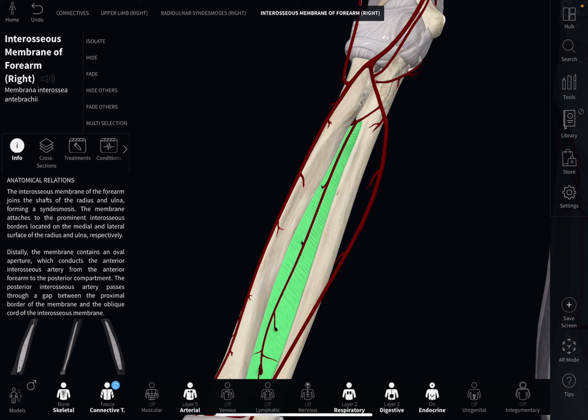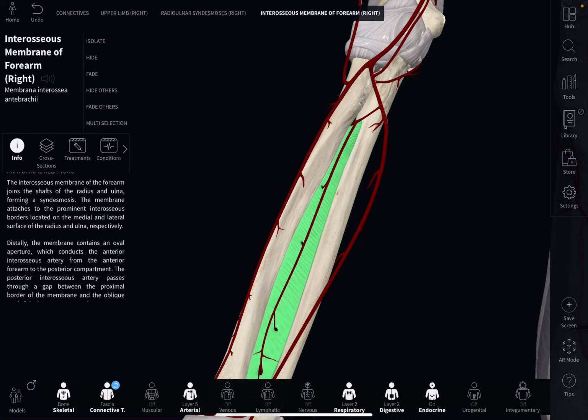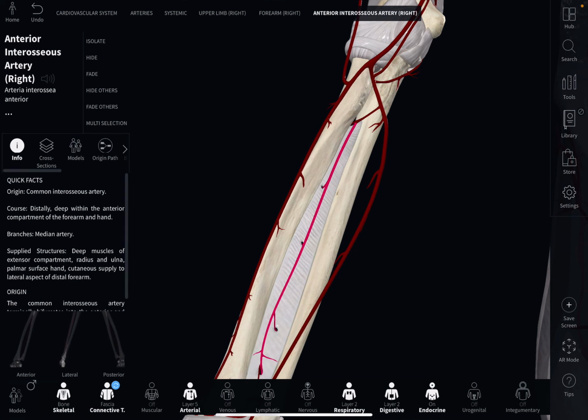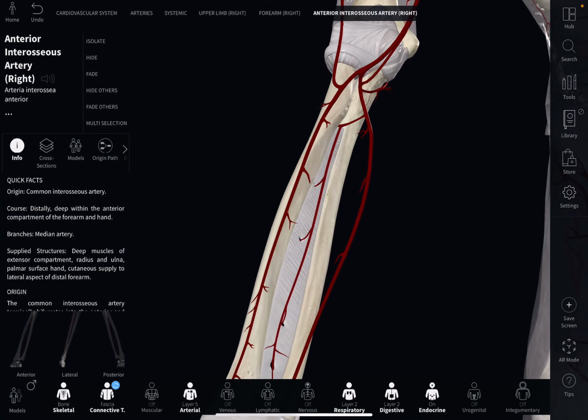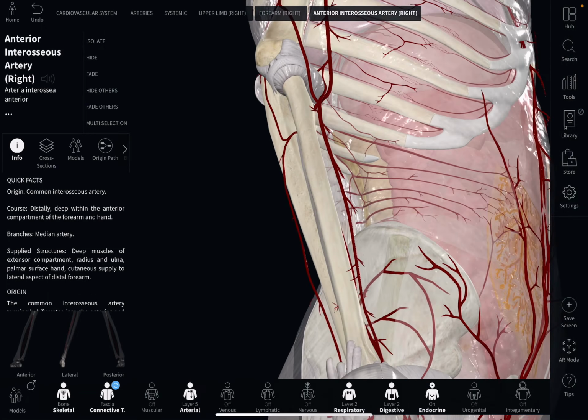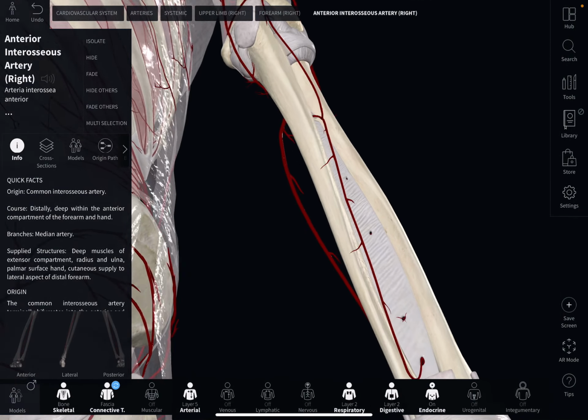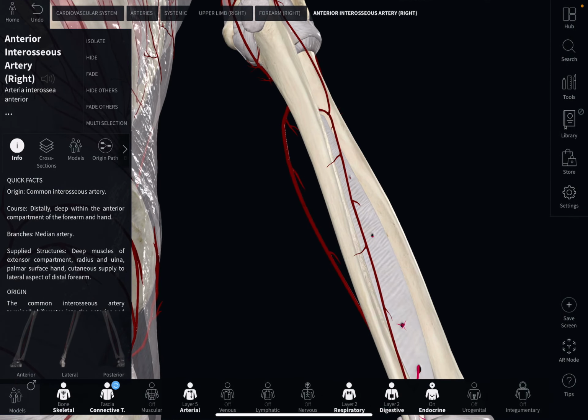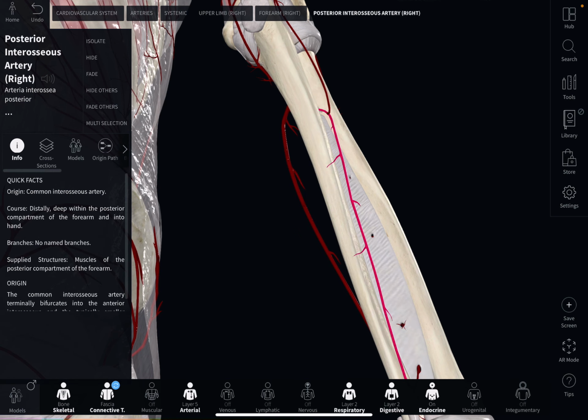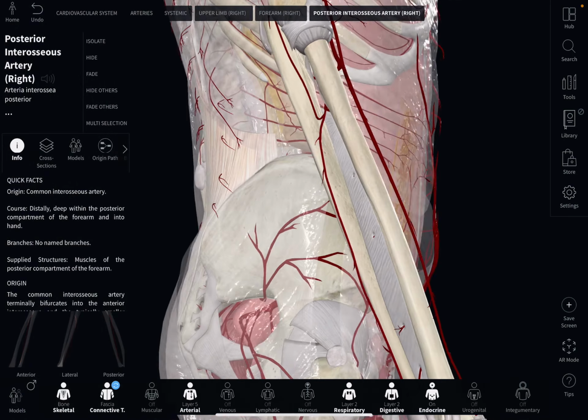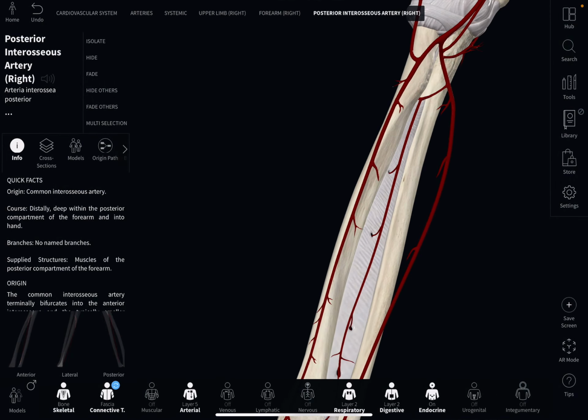That's the anterior interosseous artery. On the back side of the forearm we have another artery running, called the posterior interosseous artery. These interosseous arteries are branches of the common interosseous artery, which is a branch of the ulnar artery.